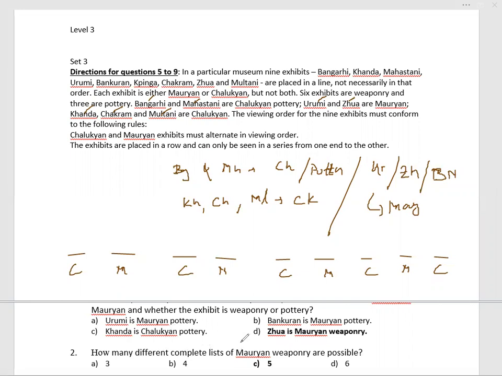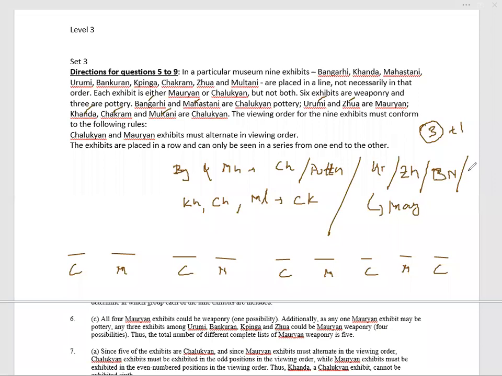How many different complete lists of Mauryan weaponry are possible? Mauryan weaponry. If this one is pottery, all three can be potteries. 1, 2, 3. So we have got three cases. None can be pottery. We have one more case. One more thing, we are also very sure this KP is also Mauryan, because 4 Chalukyan we have.